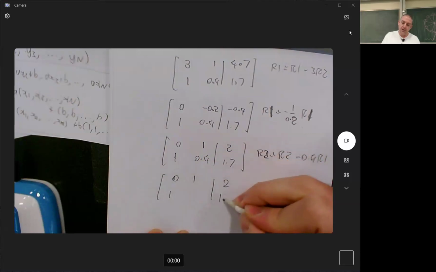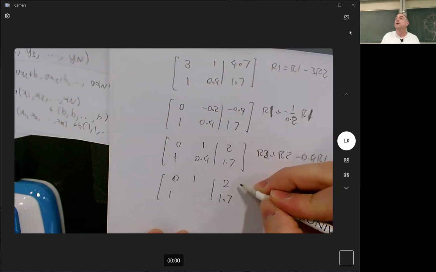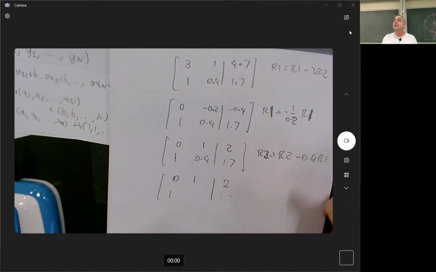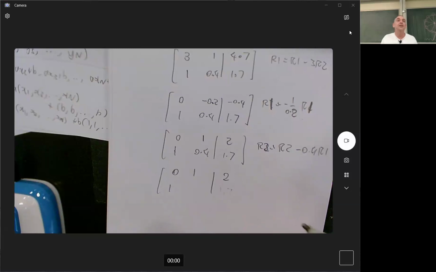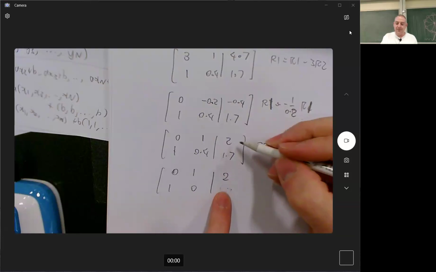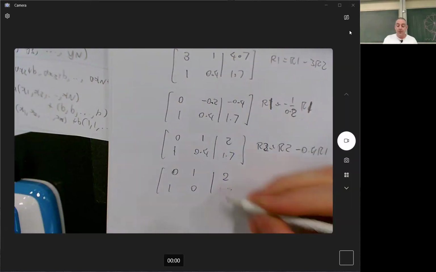I'm sorry that I've done my row operations upside down. You're allowed to do that. It's going to swap the rows at the end. And so I'll put on this, and 0.4 times 2 is 0.8, and so this will be 0.9.